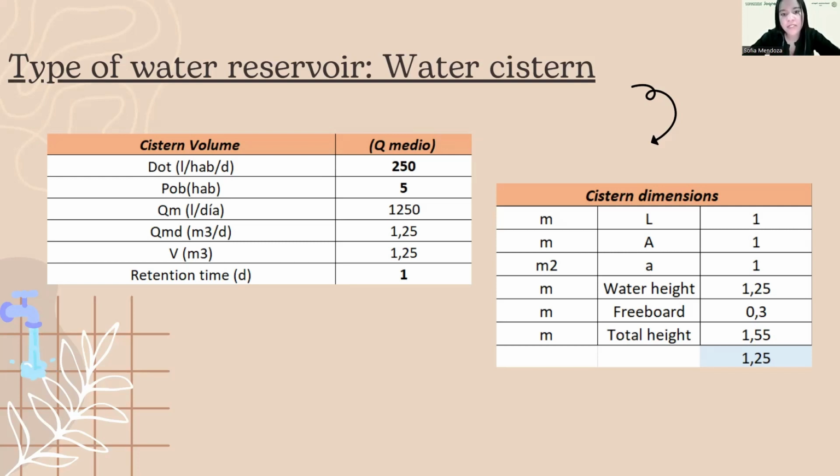The cistern dimensions are 1 meter by 1 meter, holding 1.25 meters of water with an additional 0.3 meters of freeboard, resulting in a total cistern height of 1.25 meters.